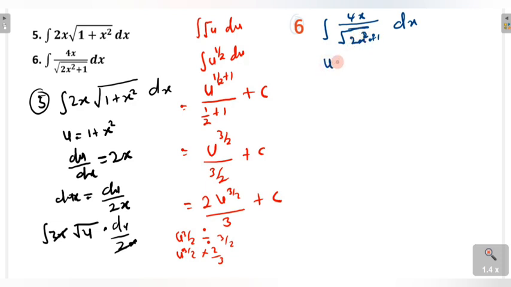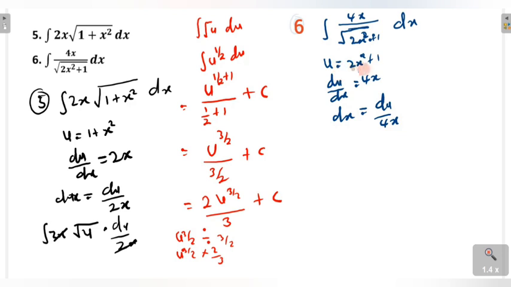So you can see where my substitution normally comes from: the one with the highest power. u is equal to 2x squared plus 1, and du dx would be equal to 4x, this is 0. So from here you can see that dx is going to be equal to du all over 4x.